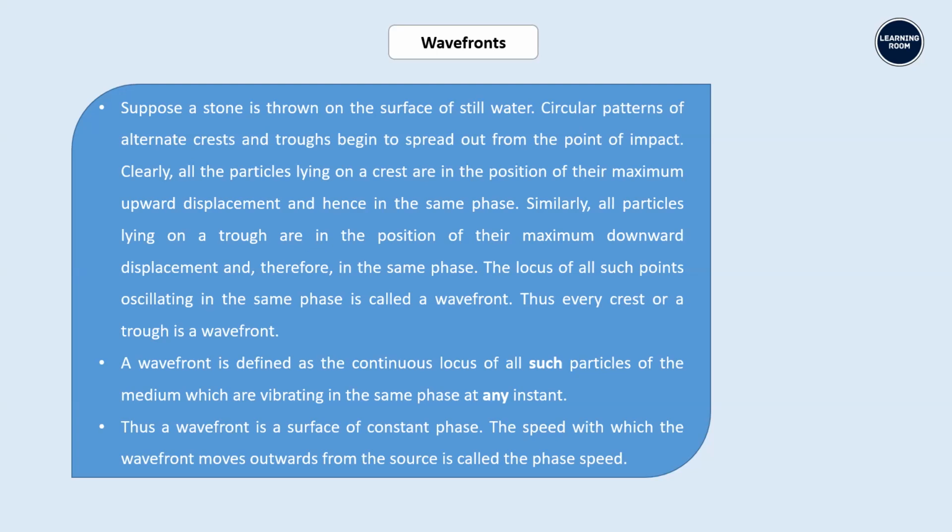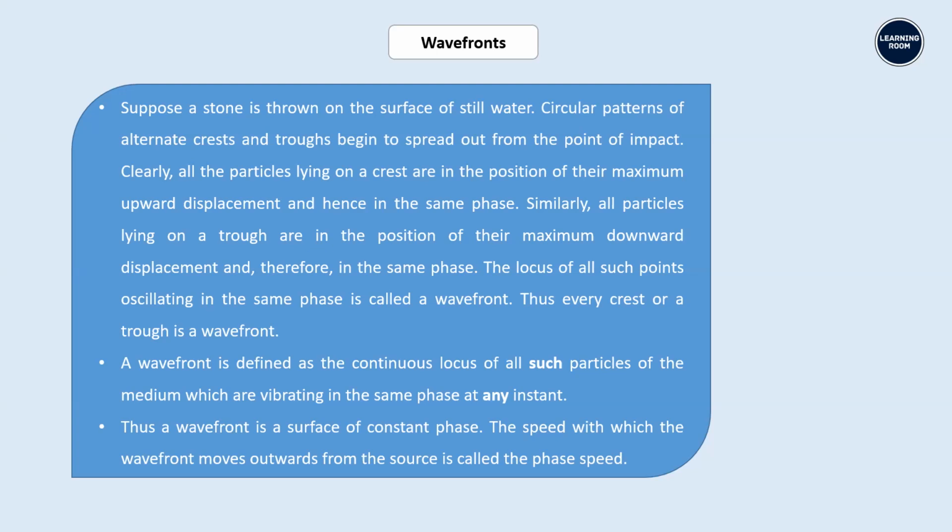Suppose a stone is thrown on the surface of still water, you can see circular patterns of alternate crests and troughs. So generally, you know how longitudinal waves travel, right? Suppose I'm speaking, I'm turning this side and speaking. Let's say you have some device in your hand, like a camera recording in slow motion, which is able to capture the air particles.